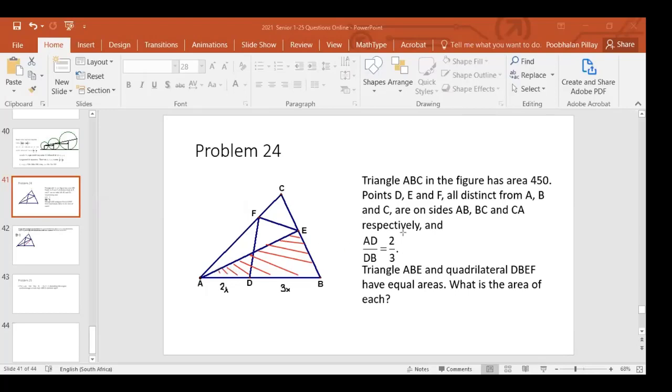This triangle ABE and quadrilateral DBEF. Let's say I've got the same area. So DBEF has got a part of it is red, and there is another part here. Like that. So they got the same area.